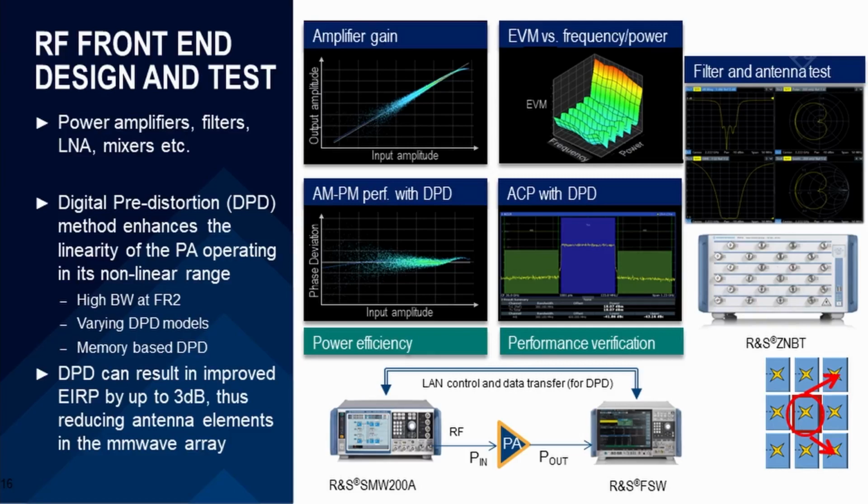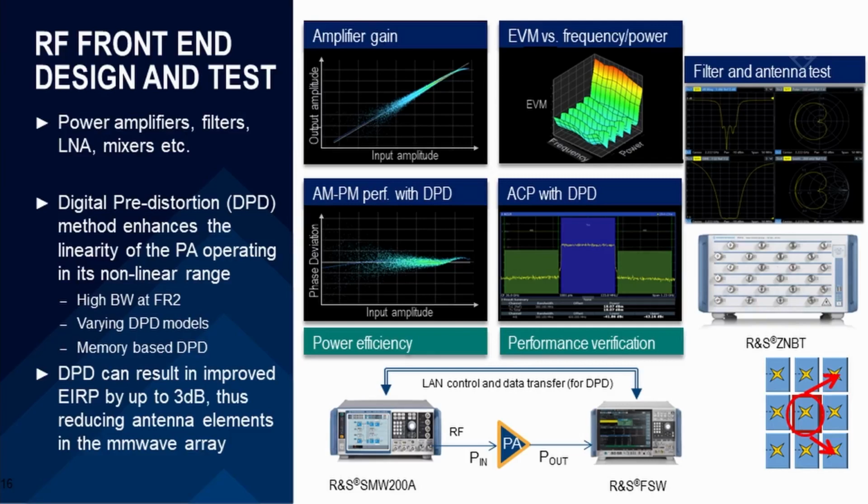Specific challenges of DPD would be the higher bandwidth of millimeter wave, the varying DPD models, and the memory-based DPD. If DPD is properly implemented, it can result in an improved EIRP by up to 3 dB, which means you can have reduced antenna elements in the millimeter wave array to hit the same EIRP target as without DPD. So that's excellent news.